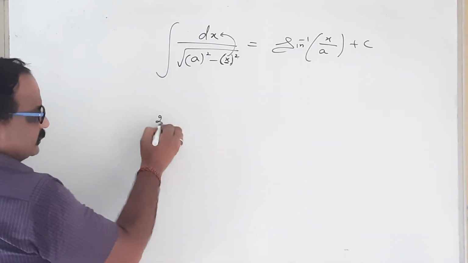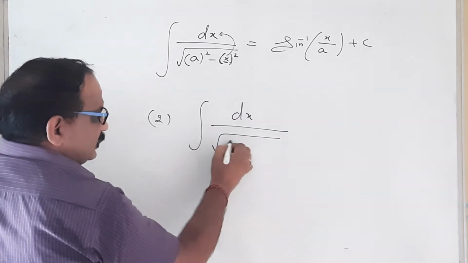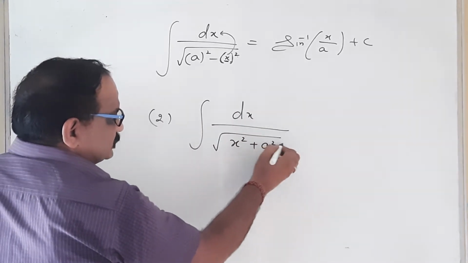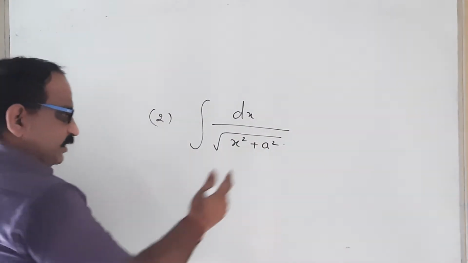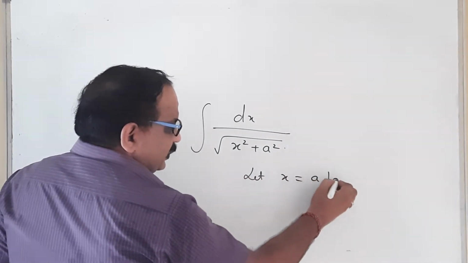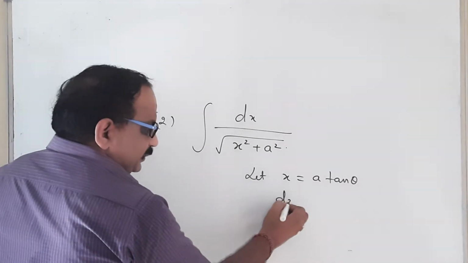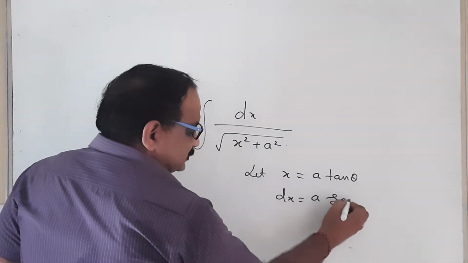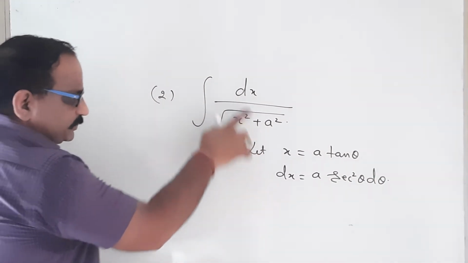Now the next, second part we are going through is dx upon, say, x square plus a square, and our job is to integrate that. Again we have to substitute: say x equals a tan theta, and in a similar way we differentiate it. So dx is a sec square theta d theta, and both should be substituted here.